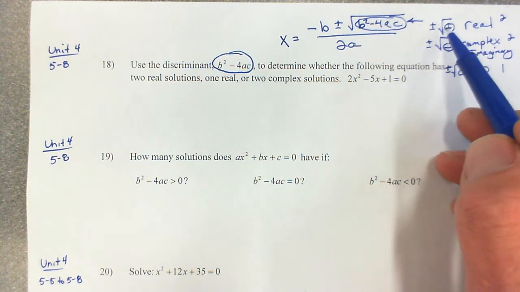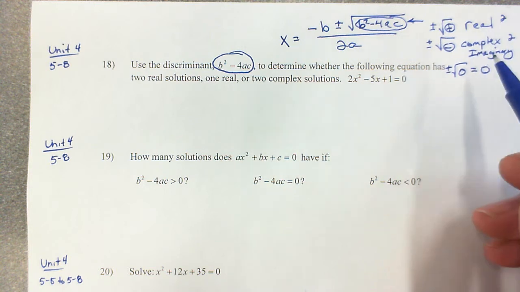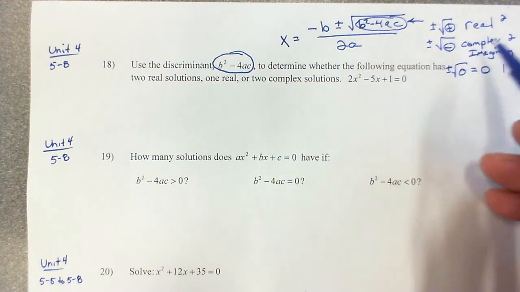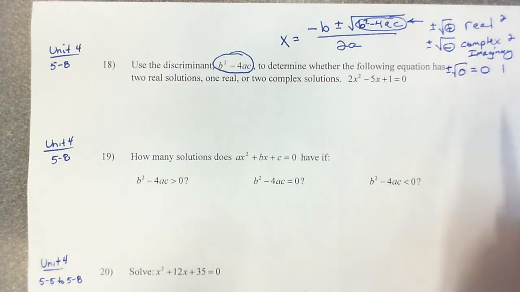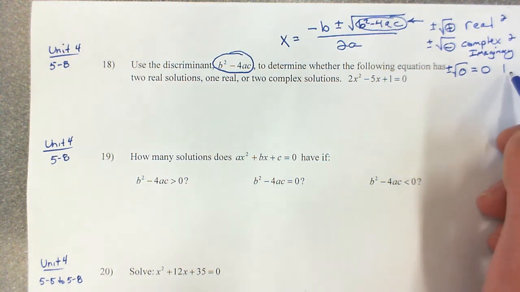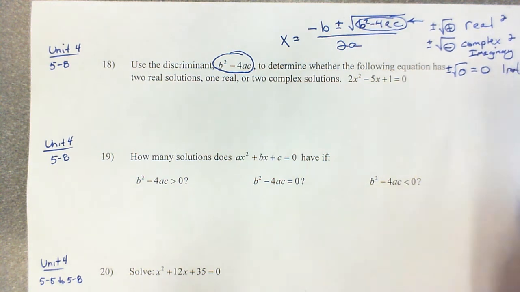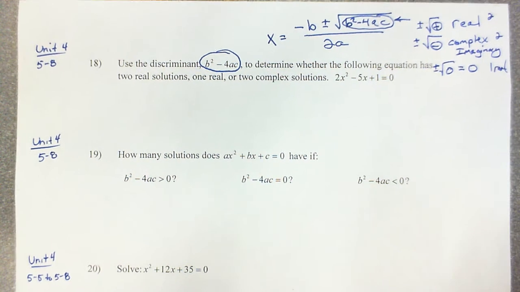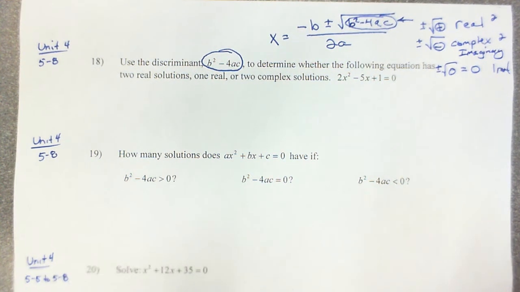So if you're taking the square root of a positive number, you're going to have two real numbers. Take the square root of a negative number, you're going to have two complex numbers. And if you take the square root of 0, you're going to have a real answer because 0 is a real number. Okay?